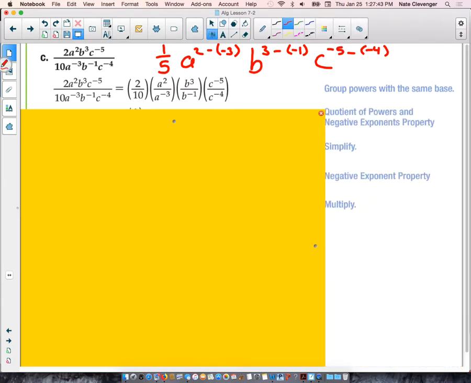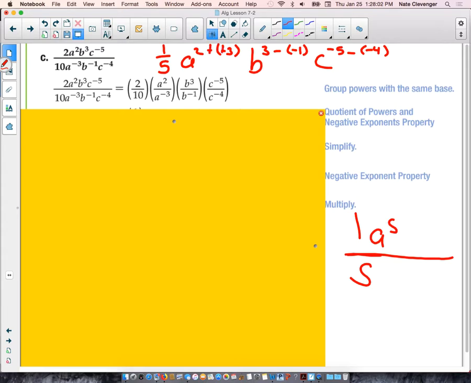I drew an eyeball because I wanted to. So I'm going to go 1/5. This would be a to the 5th. Let me write 1/5 and then put the stuff where it's supposed to be. A to the 5th is on top because of plus plus.